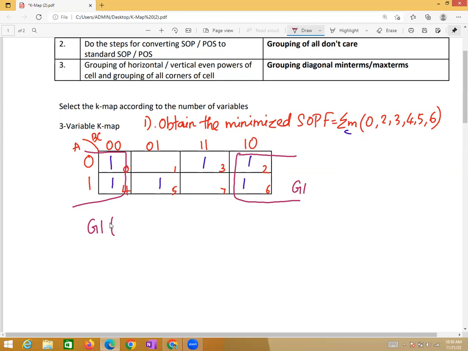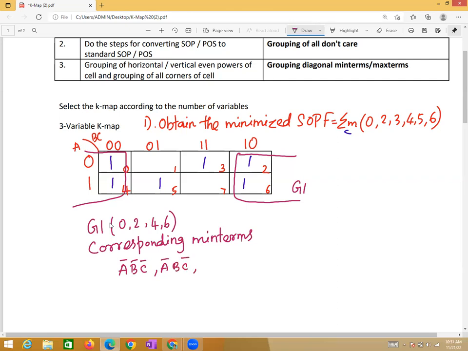Group 1 consists of cell numbers 0, 2, 4, 6, and its corresponding min terms are: 0 is a bar, b bar, c bar, and 2 is a bar, b, c bar, and 4 is a, b bar, c bar, and then 6 is a, b, c bar. So these are all the corresponding min terms.